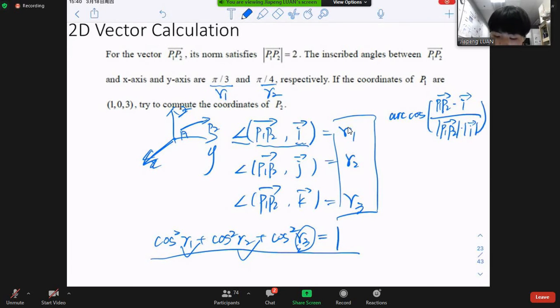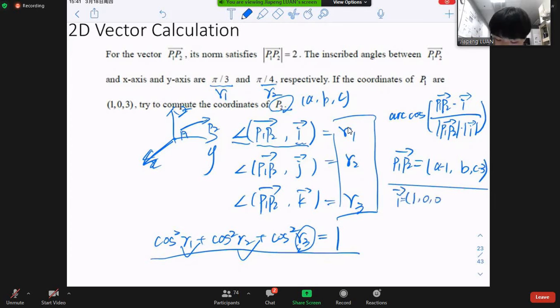Because you already have P1, they need you to calculate this P2. So say P2 is A, B, C, then P1P2 is A minus 1, B, C minus 3, right? And also I is 1, 0, 0, which gives gamma 1, and gamma 1 is pi over 3.